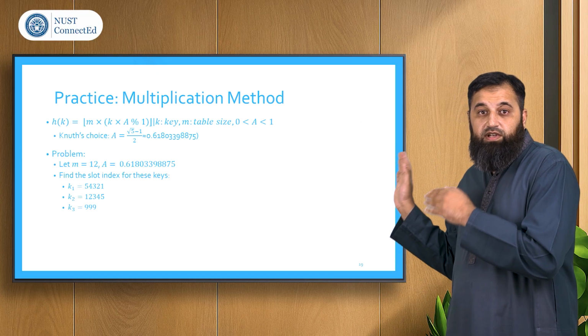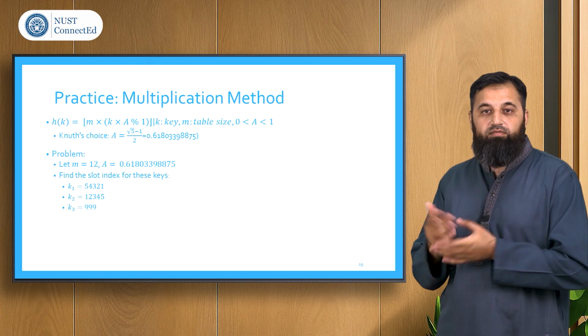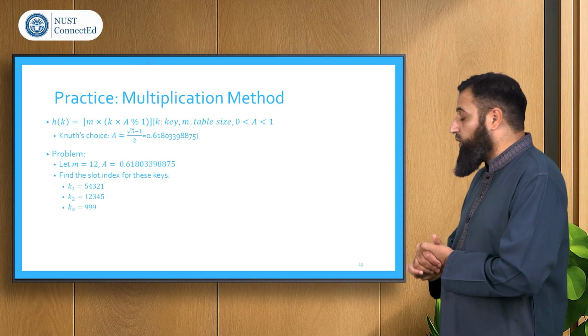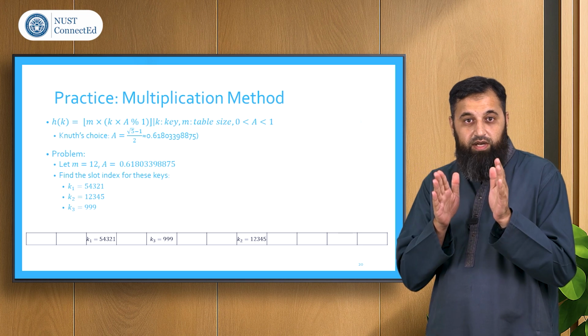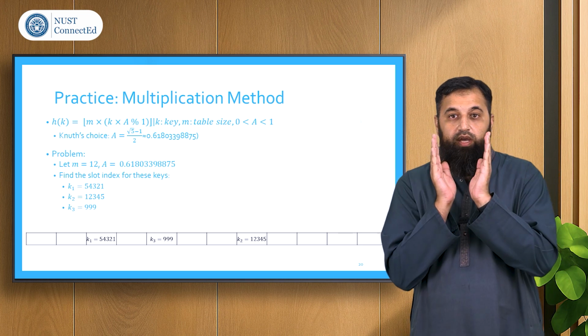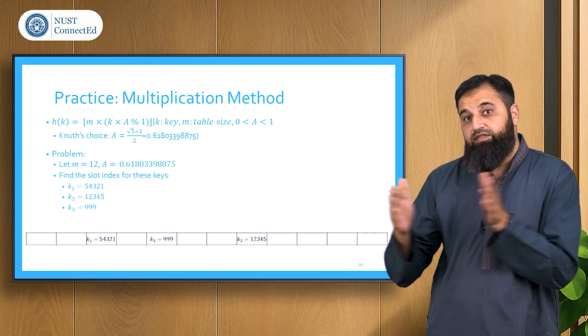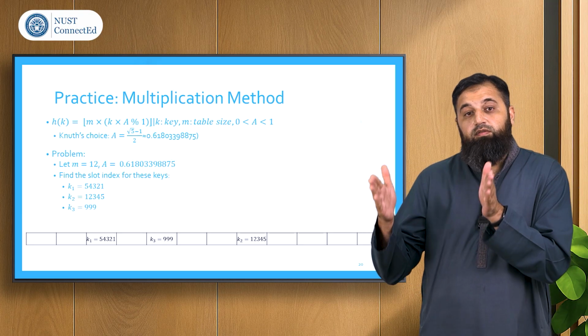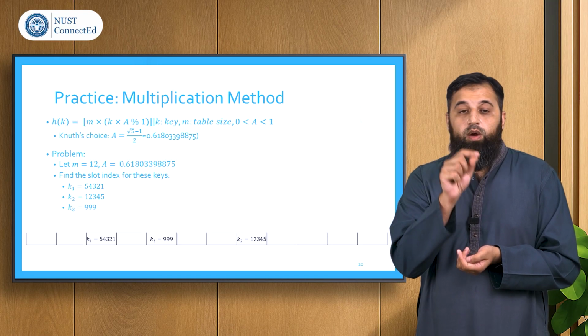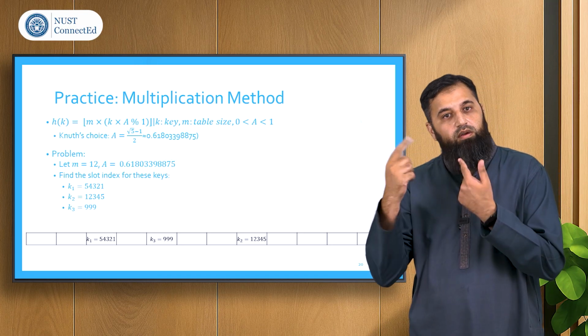Now, if you look over here, we are basically calculating the various indexes, and this methodology will tell you how it is done. I'll give you some time so that you can see how this particular part works. Notice that once we multiply the key with the constant A, it gives us a big number. Then we want to take the fractional part out of it. In order to take that fractional part out, we take mod with 1.